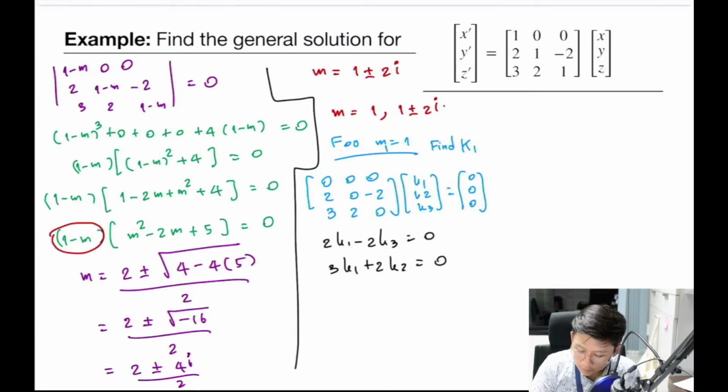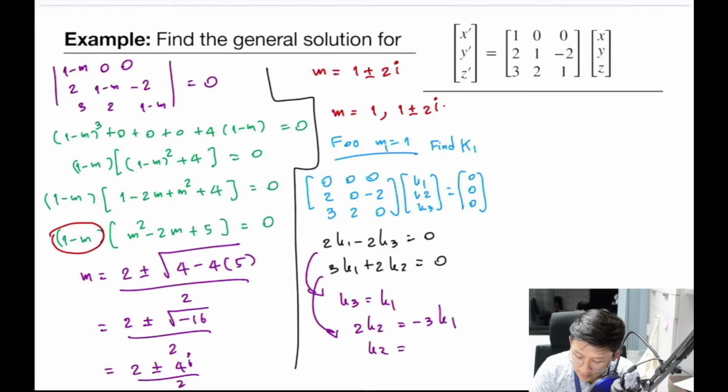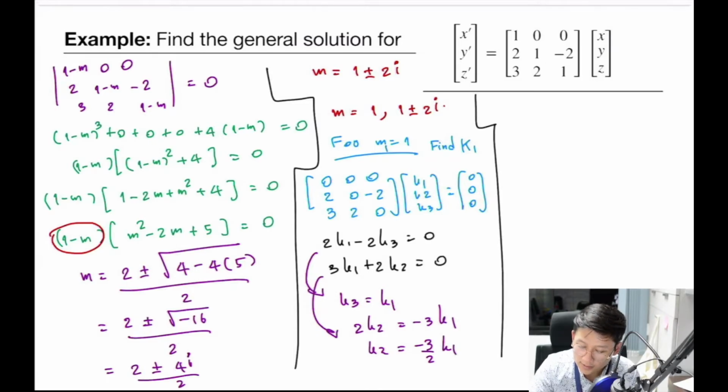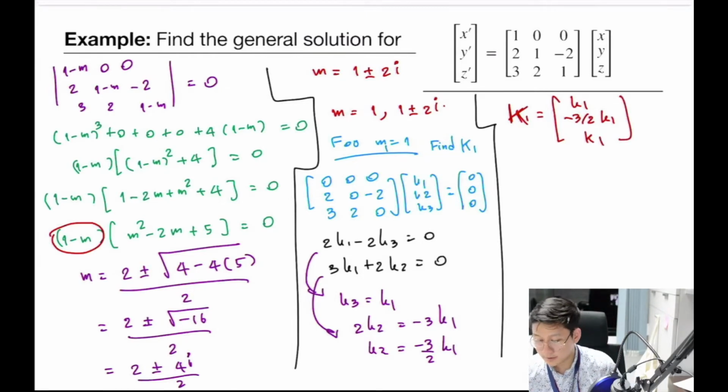Okay, so from here we have that k3 is actually the same as k1, and from here we have that 2k2 is actually minus 3k1, which means that k2 is minus 3 half k1. In that case, the big K1 is k1, minus 3 half k1, and k1.